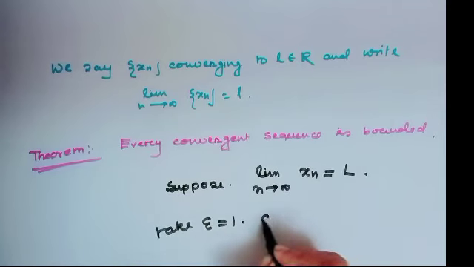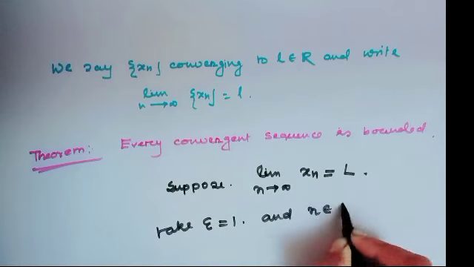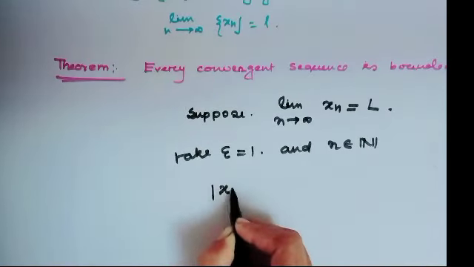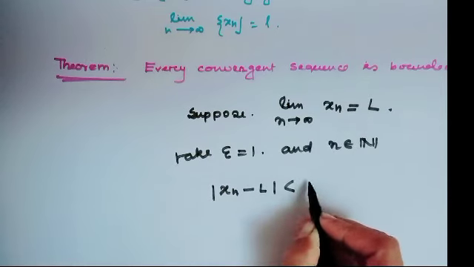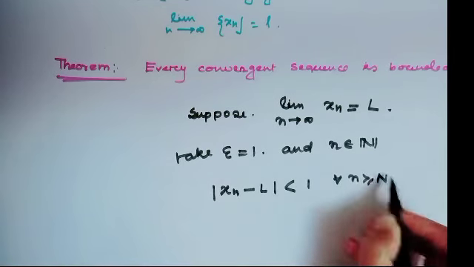Then there exists N belongs to natural number such that modulus of xn minus L is less than 1 for all n greater than or equal to N.